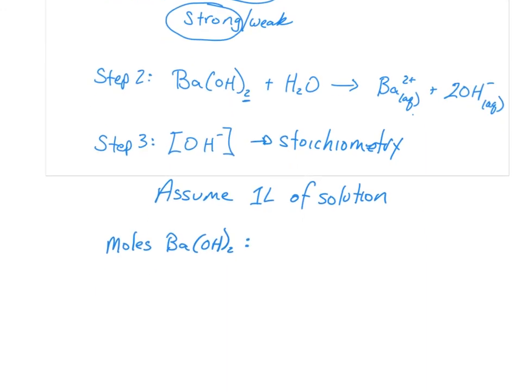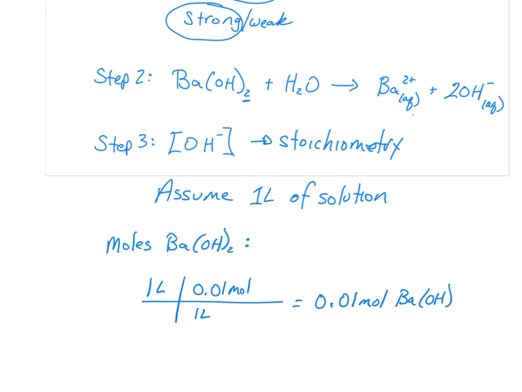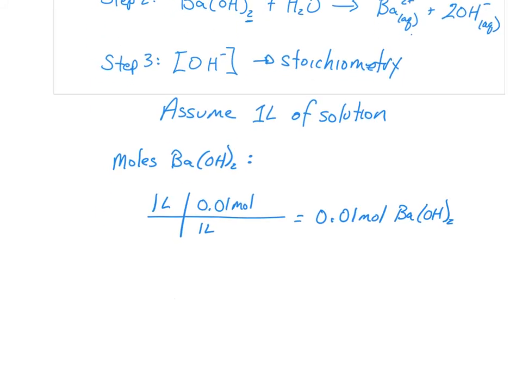And so to do that, I'm going to take my 1 liter of solution and I'm going to use the molarity of that barium hydroxide where there's 0.01 moles per liter. And this gives me 0.01 moles of barium hydroxide in my solution.